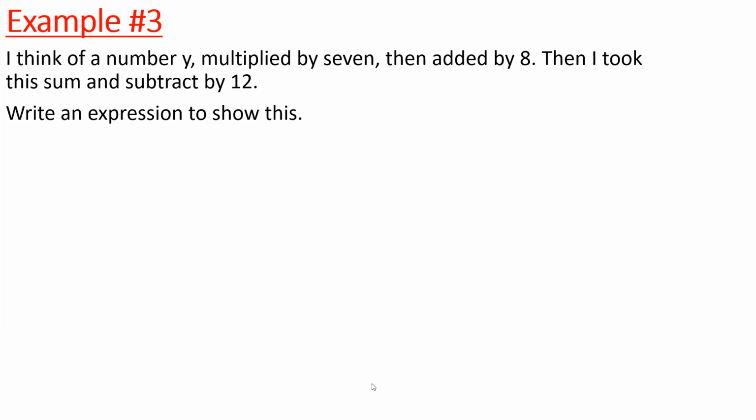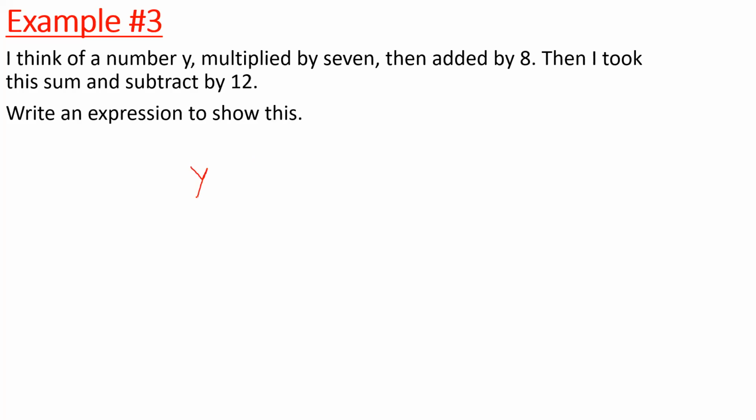So how are we gonna get it? Do they mean like you could think of any number? Well, you need to use the variable y. 7y take away 4, no. Okay, y'all are very close. So I think of a number y.